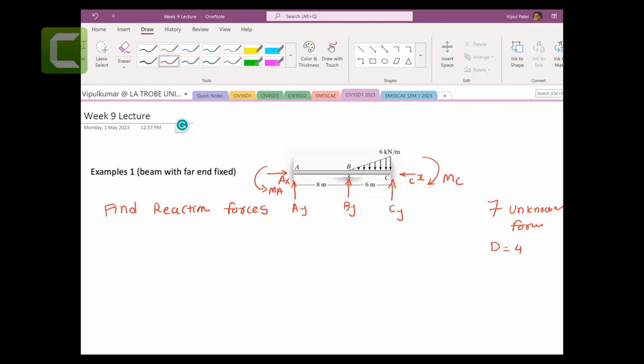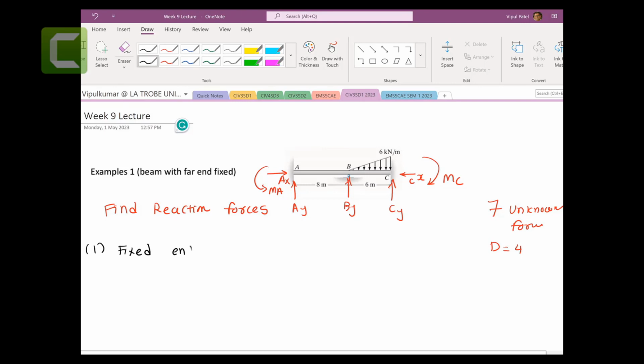So this time the slope deflection method steps in, regardless of how many degrees of indeterminacy you have. George Maney came up with this smart method, saying that the force method would be quite challenging, but this one we can do. So step number 1, let's calculate the fixed end moments.